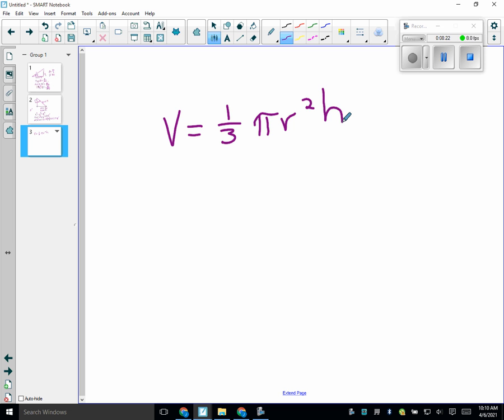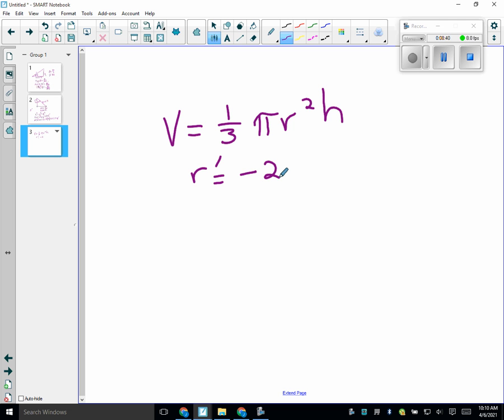So I know that R prime is negative 2, right? Height is 4. H prime equals 4.